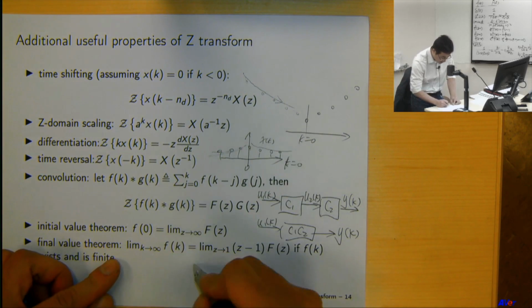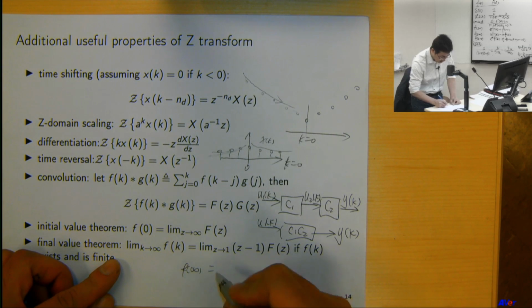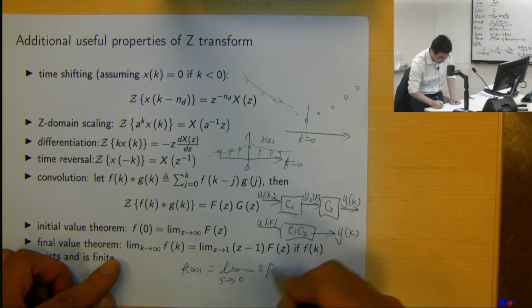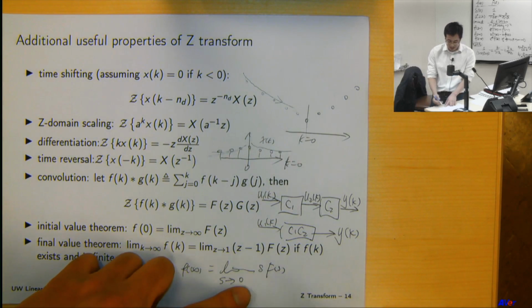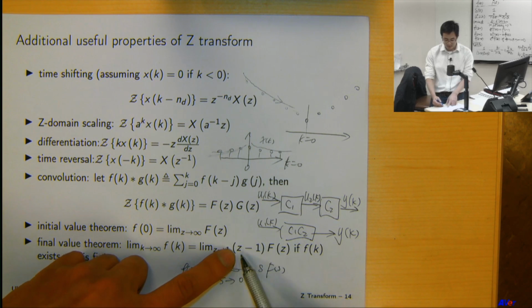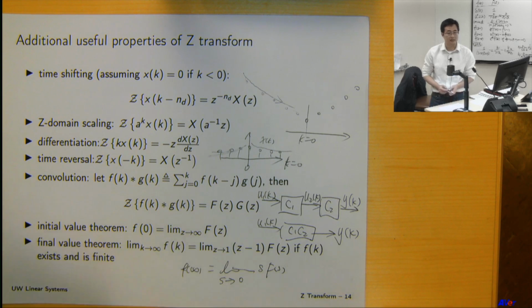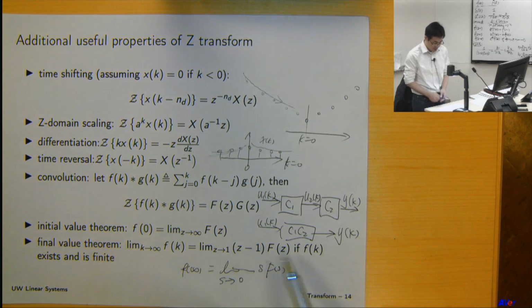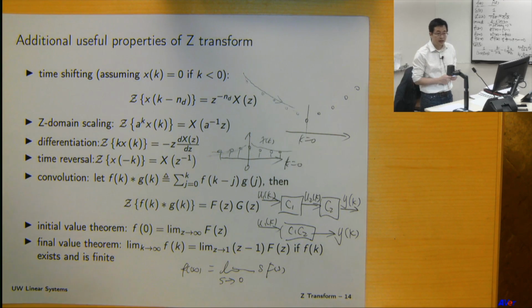In the continuous time, when we had f(infinity) is the limit as s goes to 0 of s F(s), you can see the concept is the transformed property times this one over here, s times F(s). So the same thing here, you let z equal to 1 and then (z minus 1) built inside. So there is a rigorous way to prove this formula, and there is a very intuitive concept behind it as well.